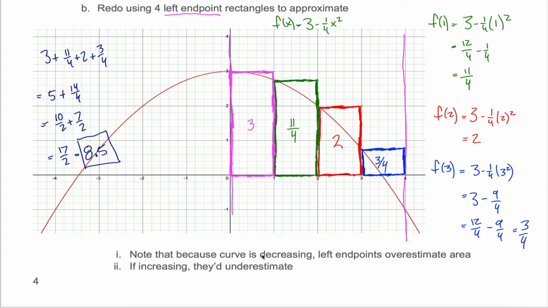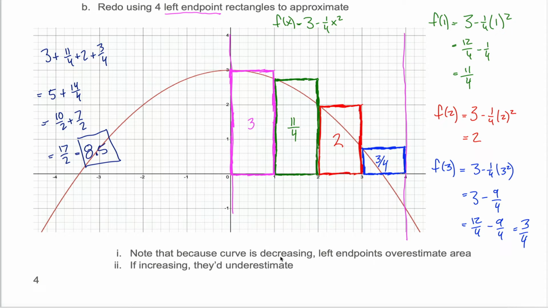This curve is always decreasing on the bounds that we're looking at from 0 to 4. From 0 to 4, this curve is always going down. What that means, if your curve is decreasing, is that anytime you use left endpoints to estimate the area, your estimate is going to overestimate the true area that is underneath the curve. And that kind of makes sense, right?